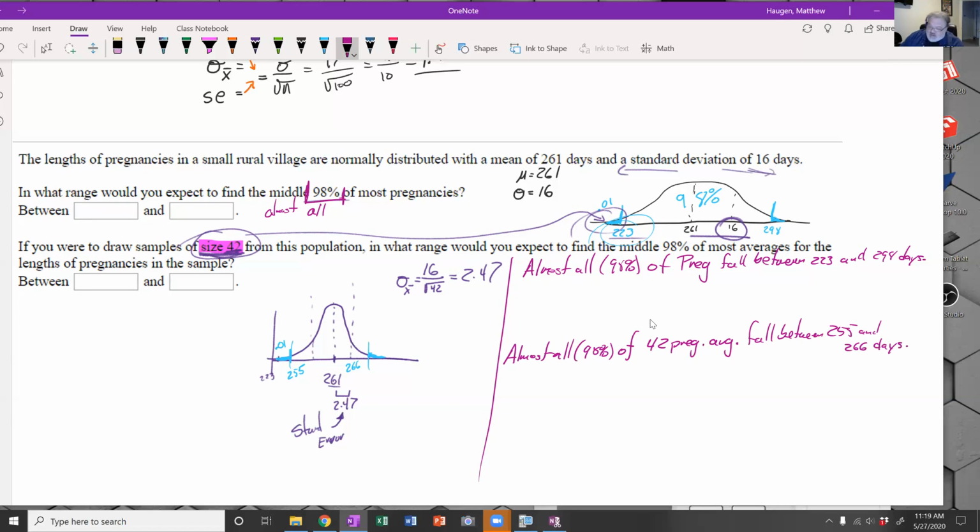Now, why might we care about this? I mean, don't you want to know for individual pregnancies? Well, again, say you're a clinic and your clinic usually handles 42 pregnancies a year.